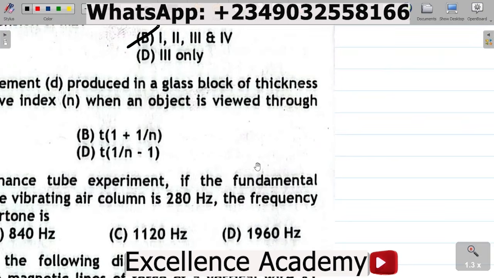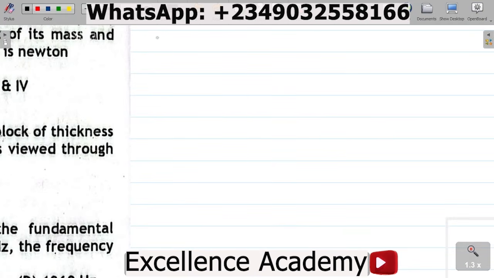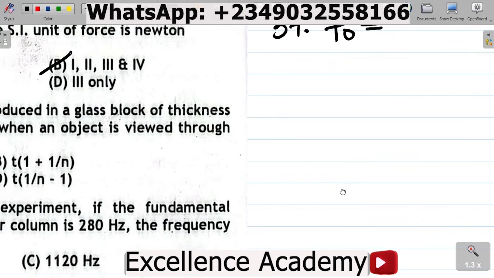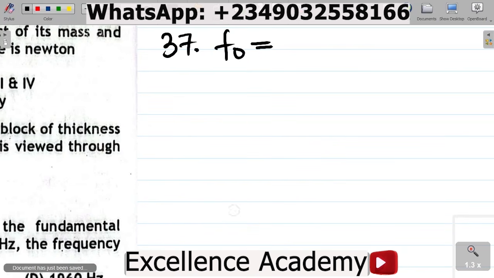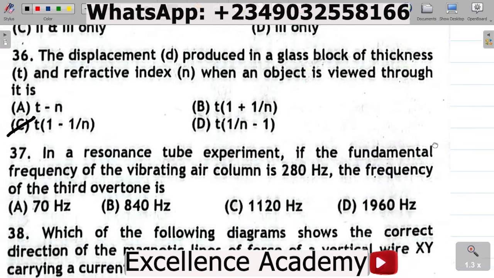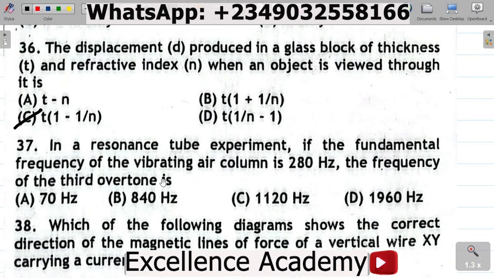So 37, let's take this down. You want to note that the fundamental frequency is given by F naught, and F naught's value is equal to 280 hertz. You have to find the frequency of the third overtone.